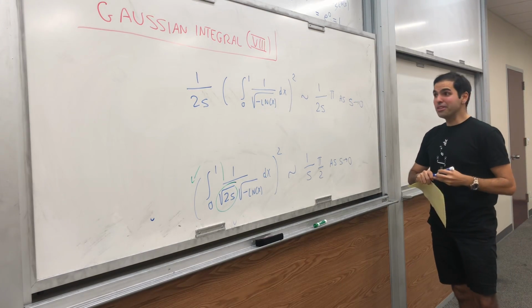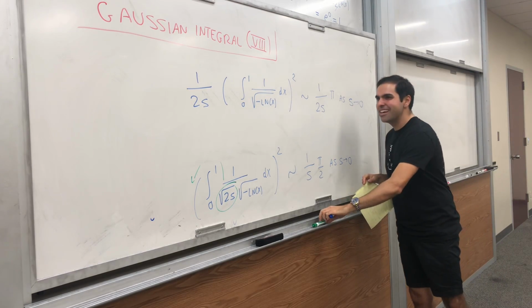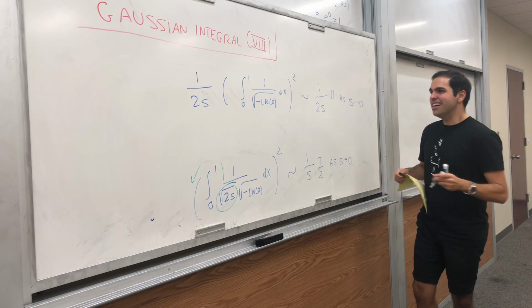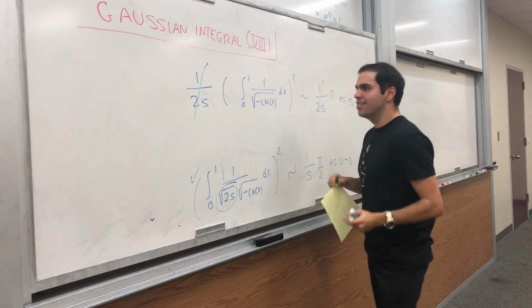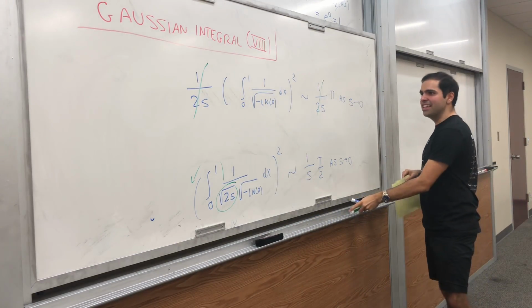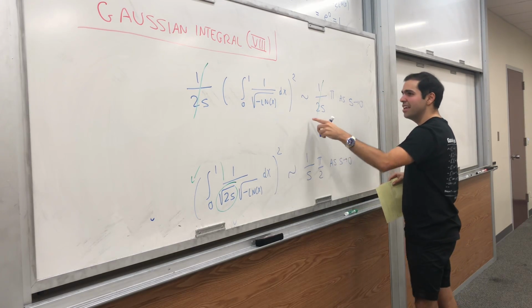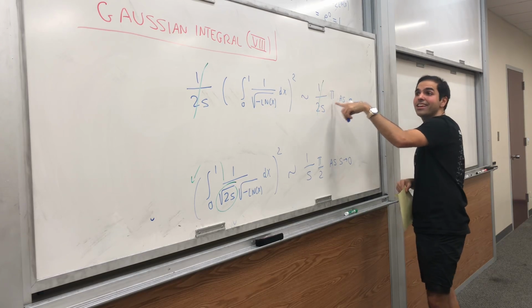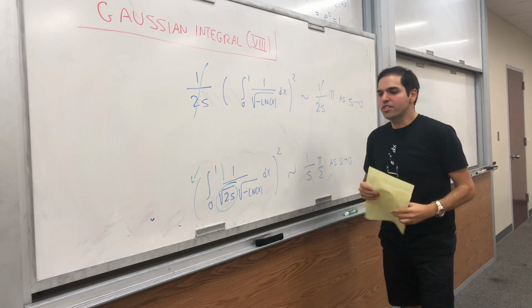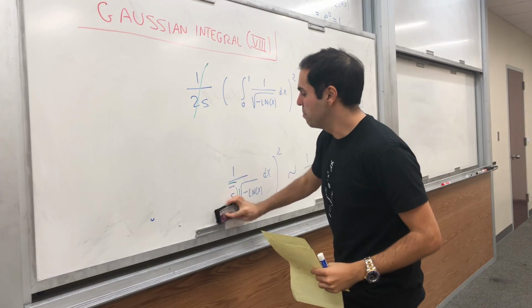And here comes the beautiful thing, maybe the climax of this video. The 1 over 2s's cancel out. So this constant is asymptotically equivalent to this pi constant, and therefore, because they're just constants, they have to be equal.